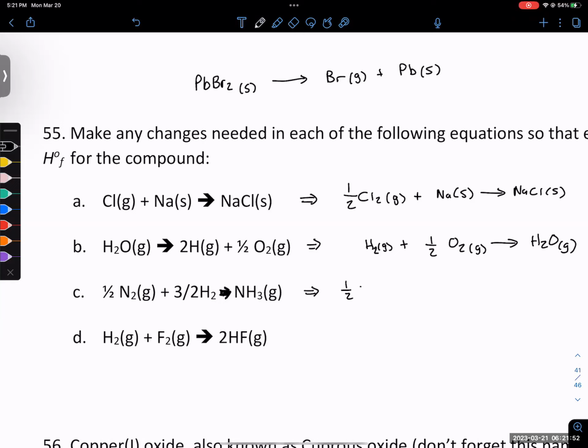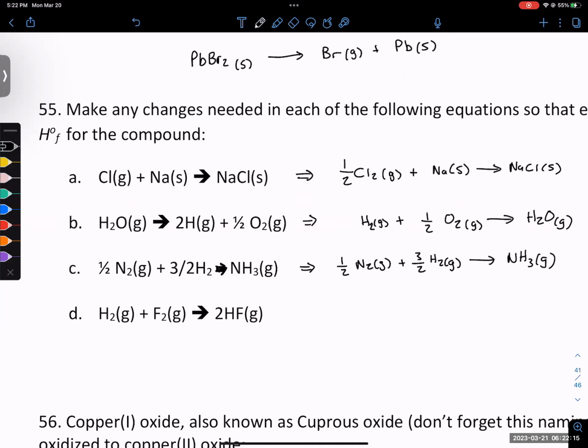So it should be 1/2 N2 gas, 3/2 H2 gas gives you 1 mole. What's the name of this product? Ammonia, right? Okay, so that's the only change that should be made.